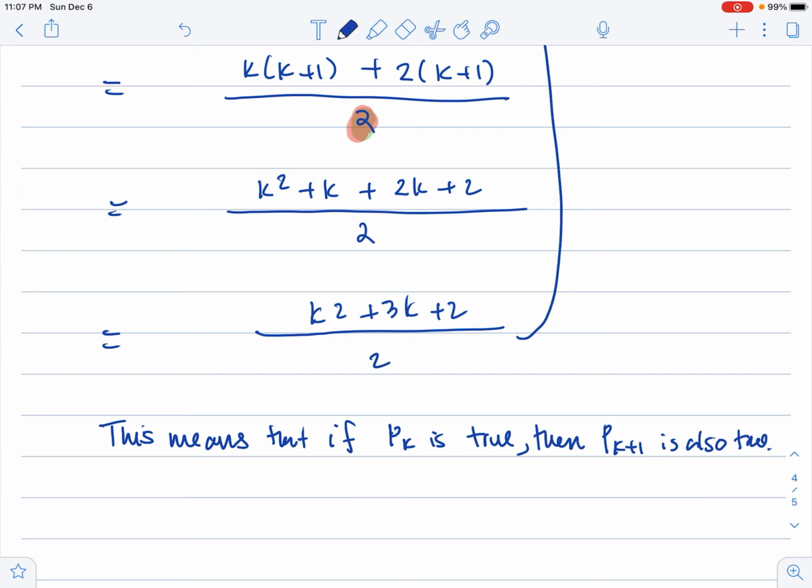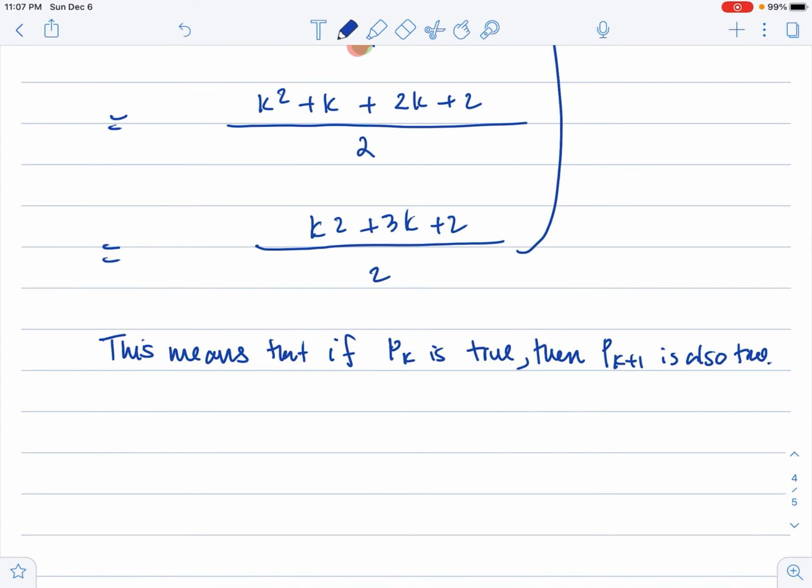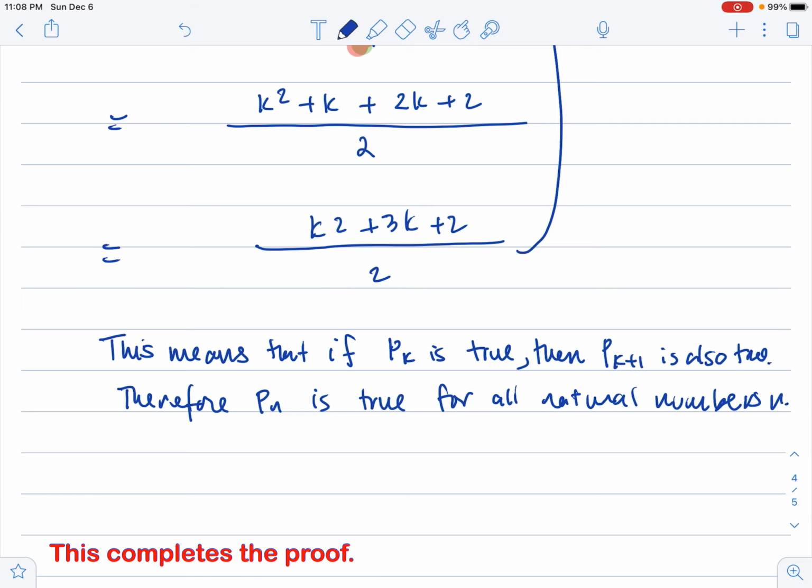And ano sabi? Pag na-prove natin yung dalawang yan, pati yung p sub 1, this means that the statement is true for all natural numbers n. Therefore, p sub n is true for all natural numbers n. And this completes the proof.